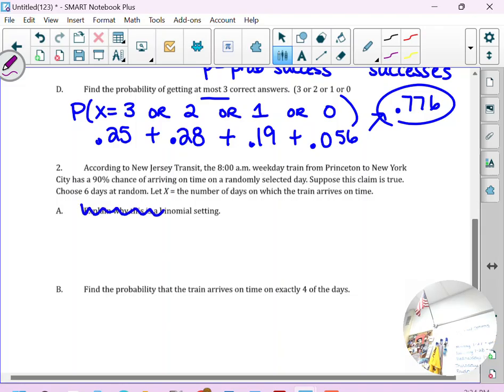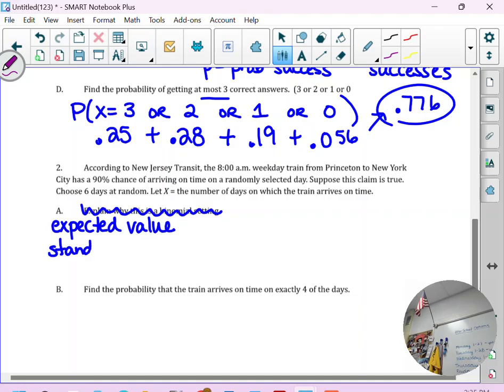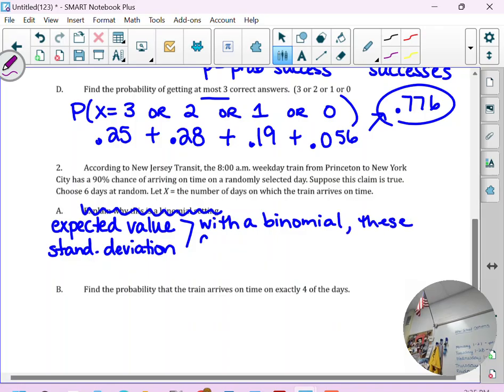Last thing I want to show you, we're going to actually change A right here. We're going to talk about expected value and standard deviation, because when we do these two things with a binomial problem, these are even easier.